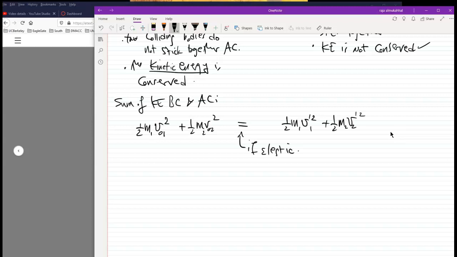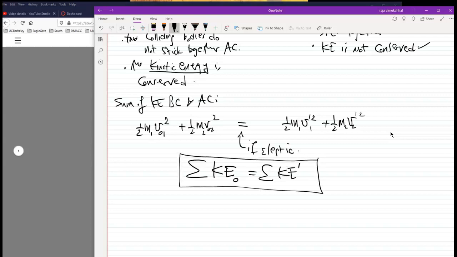Okay? If inelastic, then the two kinetic energies here are not equal. I'll come back to this inelastic in a sec. So what does that mean? It means the sum of the kinetic energy before collision is equal to the sum of the kinetic energy after collision.